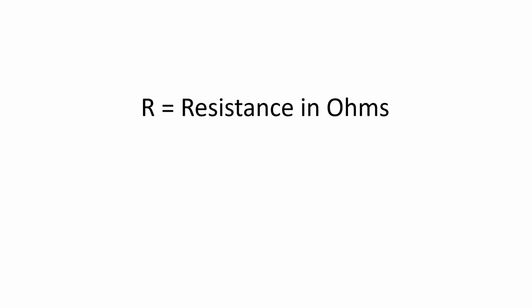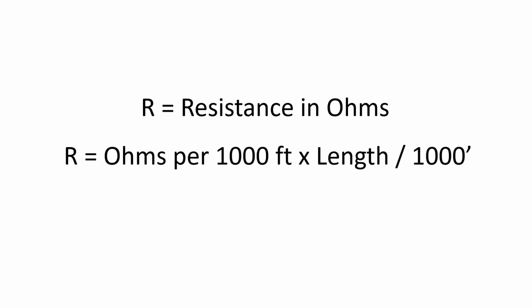Now let's go in and dissect the resistance term. Resistance is in ohms. And for our application, we will be looking at the ohms per 1,000 feet of wire. So we'll take that ohms per 1,000 feet, multiply it by the length of the wire, and then divide that length by 1,000.